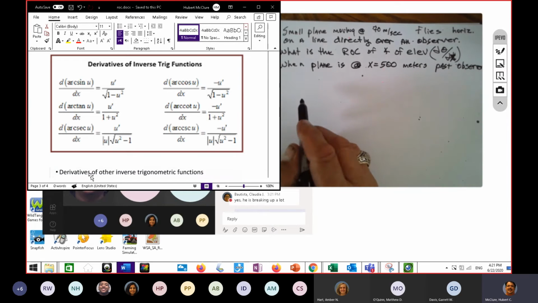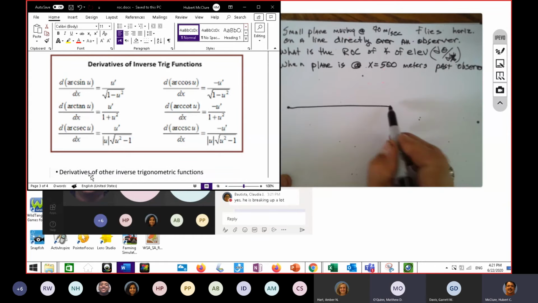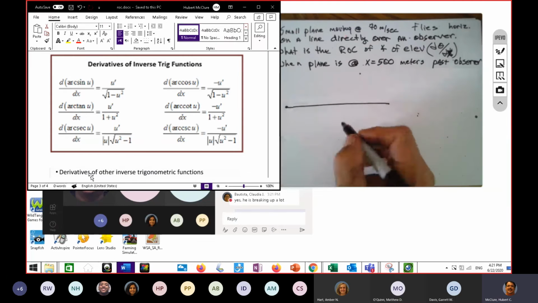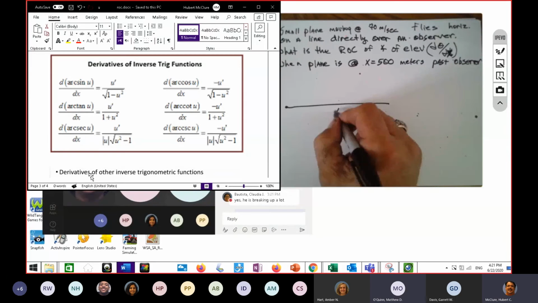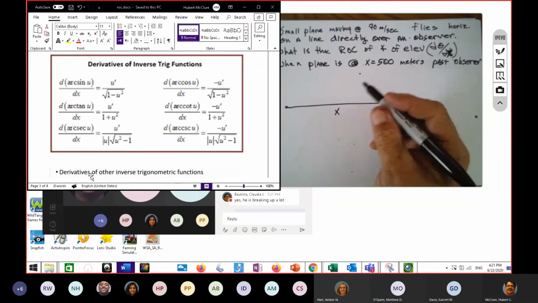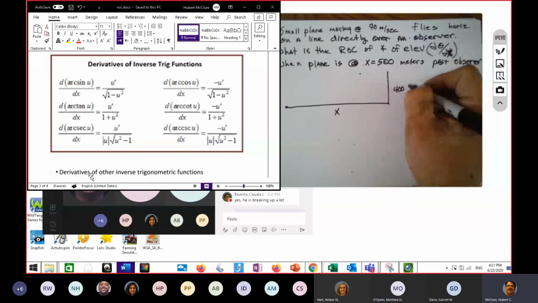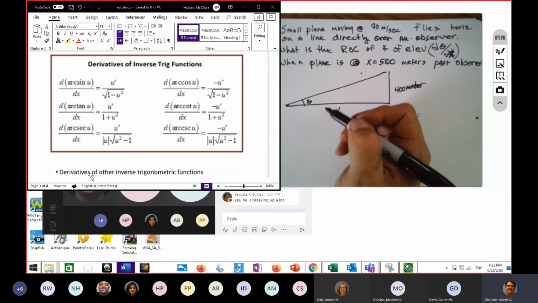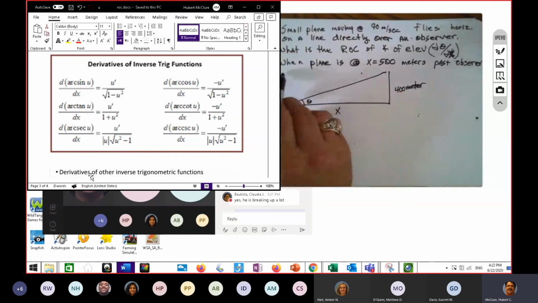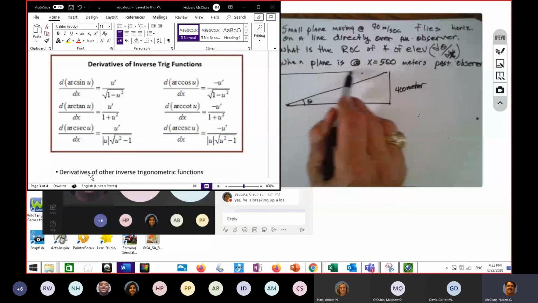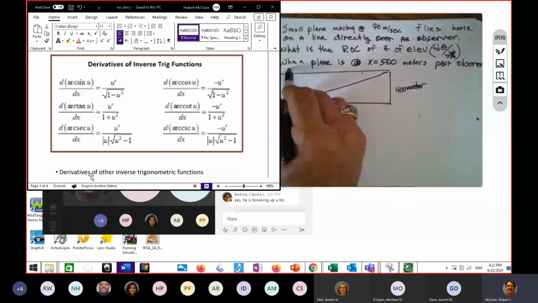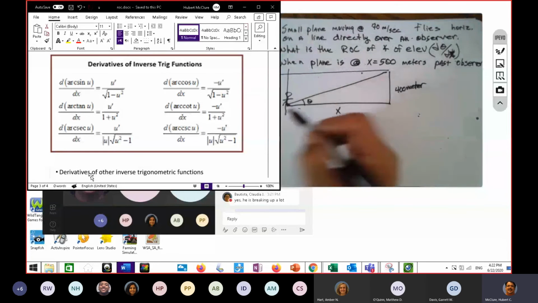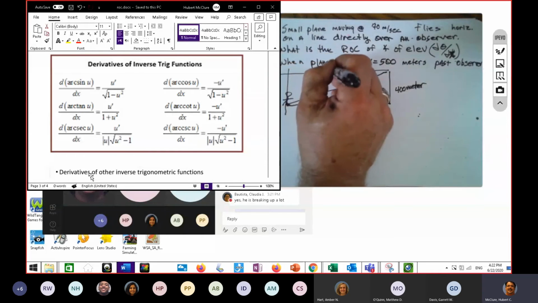So you got the observer right here, and this is x, and this is going to be 400 meters. That's vertical. And then this is theta. And the plane traveling over the top of this person. The person standing here. Okay, and this is 70 meters per second.